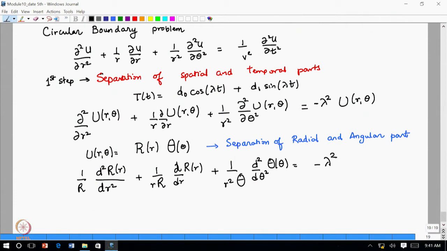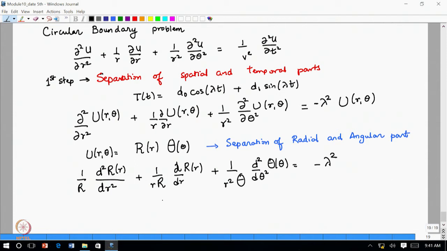Now, the theta dependence is only in this part. So, the first thing you will say is that this should be a constant, since everything else depends only on r, and the right hand side is not dependent on theta.